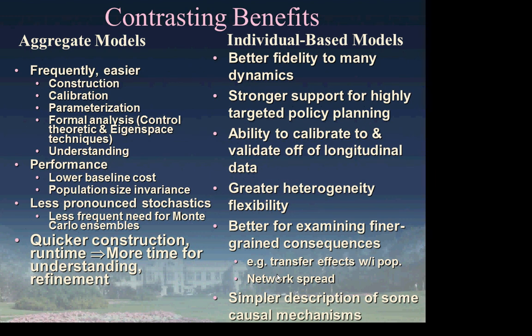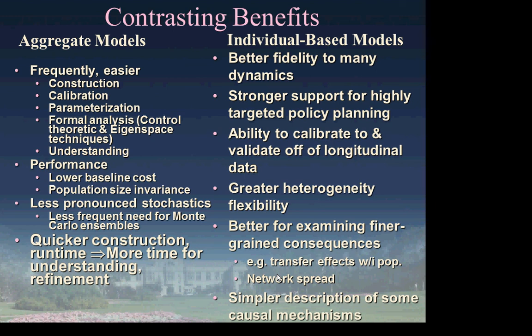And often with aggregate models, you can come to a more quick understanding of what's going on because there are fewer moving parts. There's less pronounced stochasticity, so you don't have to run what are called Monte Carlo ensembles. This would be running the model again and again, because each time it yields a slightly different result. We'll see how that works. We'll see some of the mathematics, statistics, associated with it.